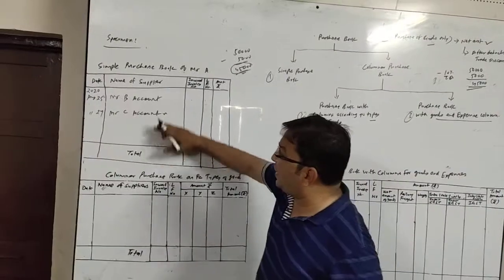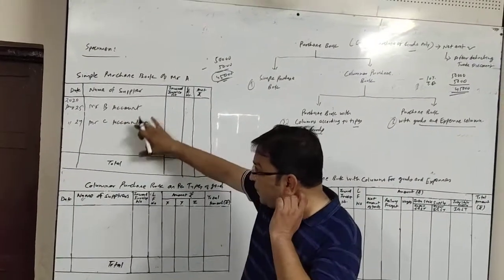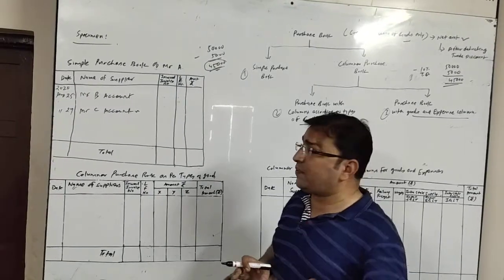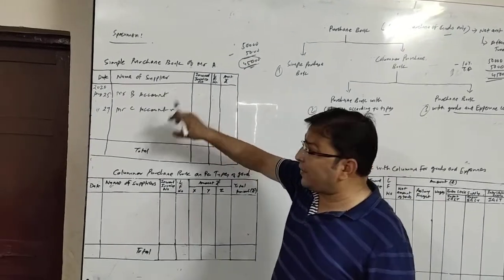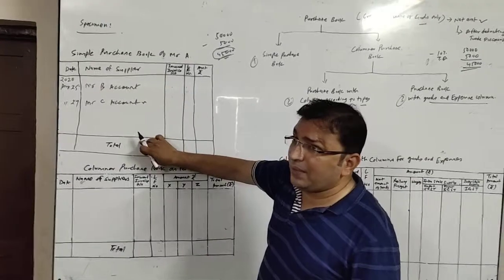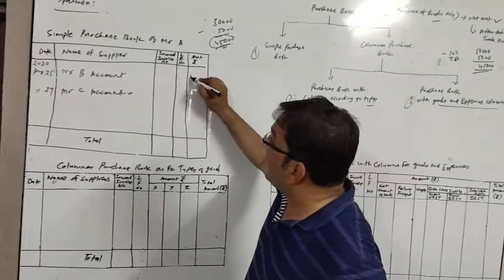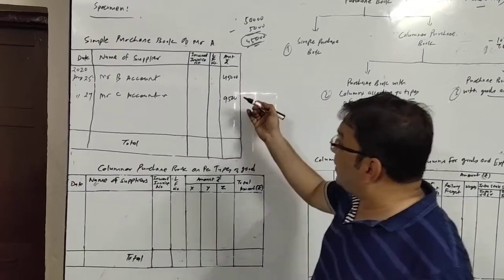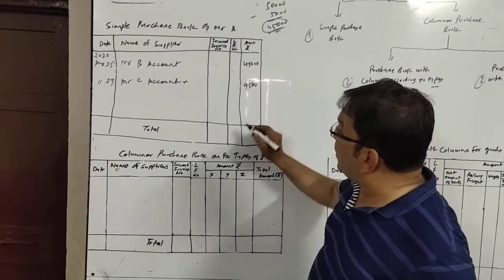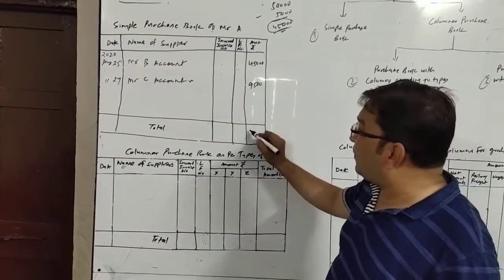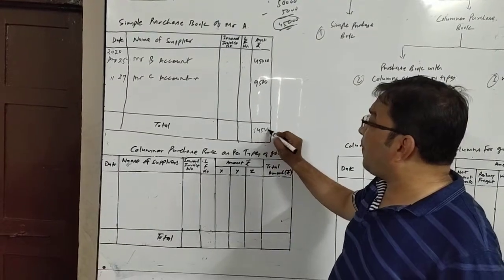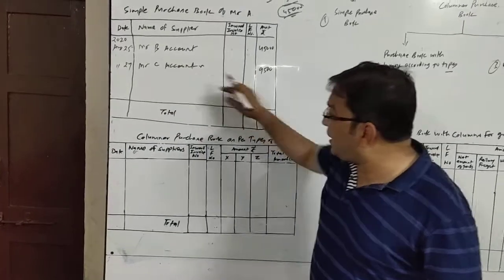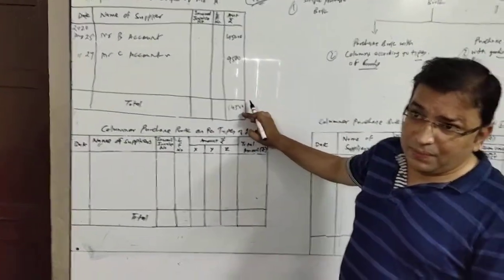Then finally, for whatever period we are making this book, suppose a week, 15 days or a month, after completion of that period we will make the total. Suppose here it was 45,000, here it is 9,500, then the total will be 54,500. Any more transactions will be recorded here, and then finally the total will be made.